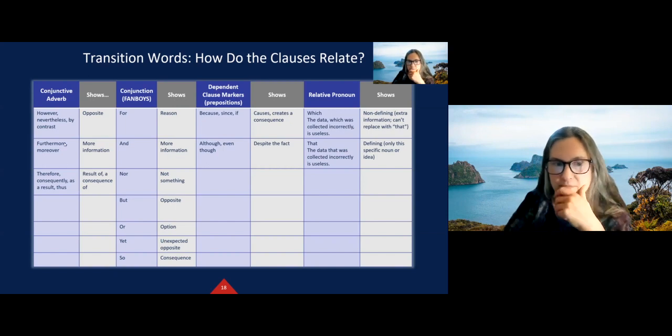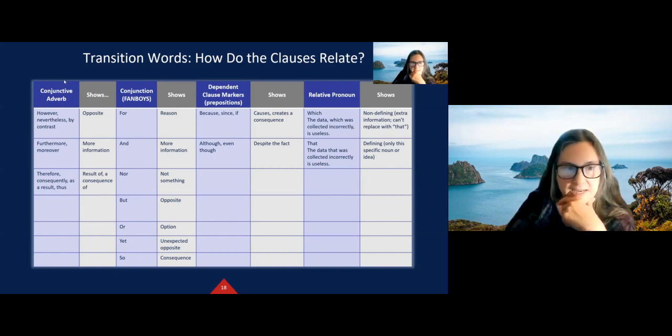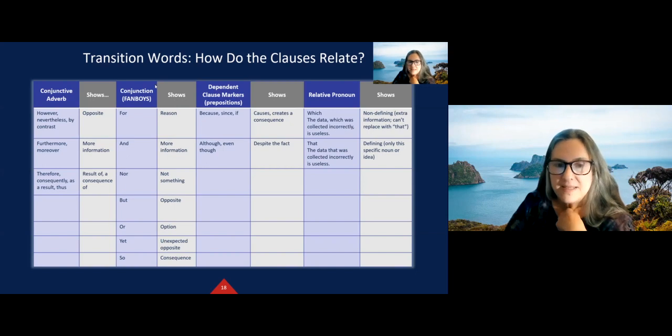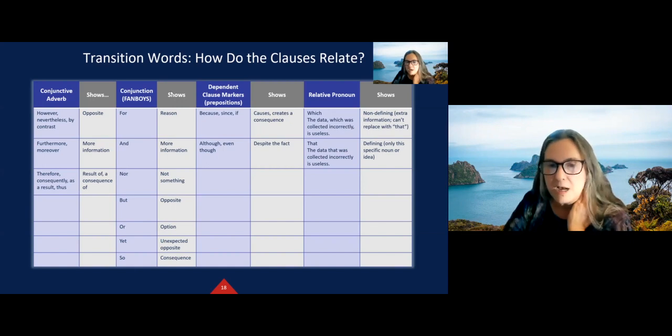Okay, so what I've got is examples in the purple of the type of transition word, and then what it shows, and then another type of transition word. These are the FANBOYS, the conjunctions: for, and, nor, but, or, yet, so. That spells FANBOYS, and that's a way to remember them.